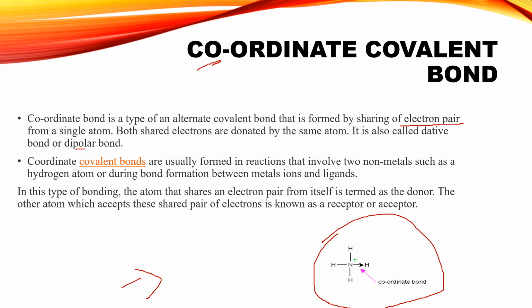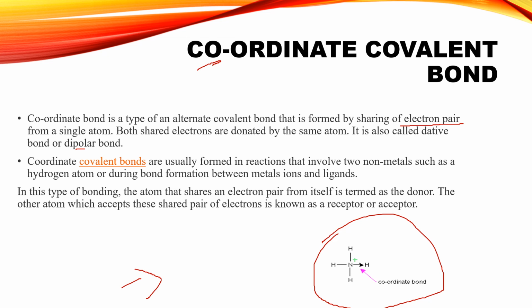So in today's lecture we learned about ionic bond, covalent bond, coordination covalent bond and Lewis diagram. So ionic bond is transfer of electron from one to another atom, right? Covalent bond is sharing of their electrons from one atom to another atom.